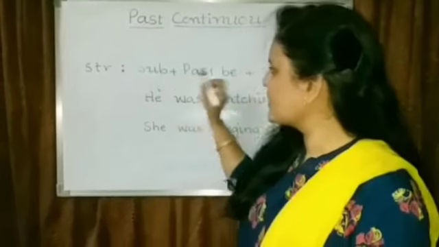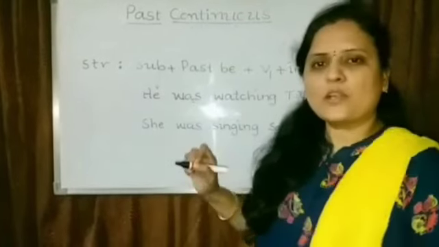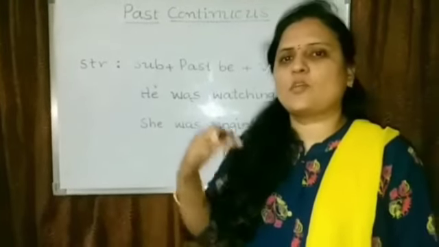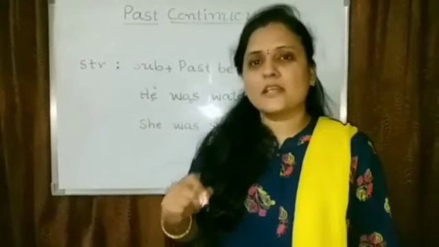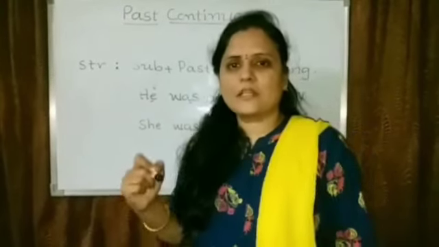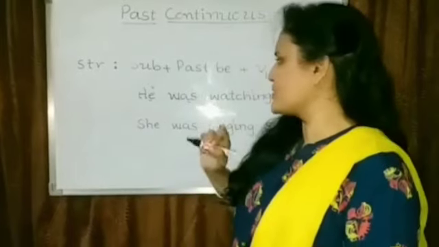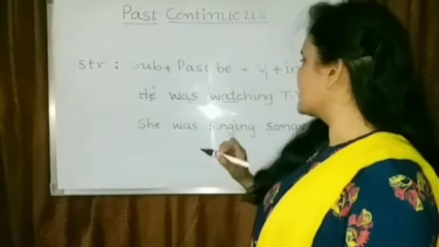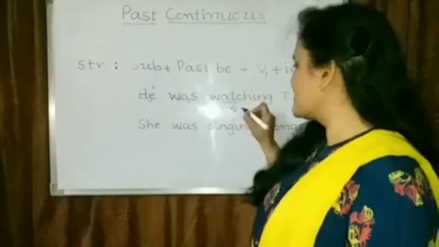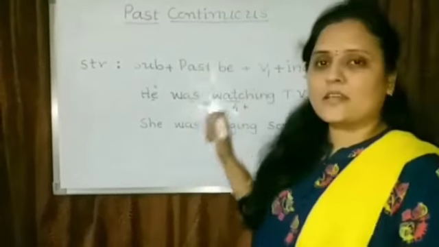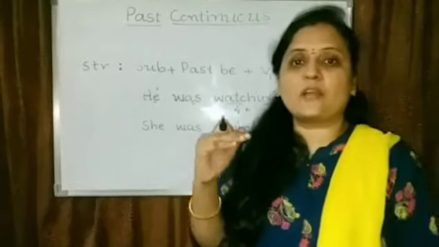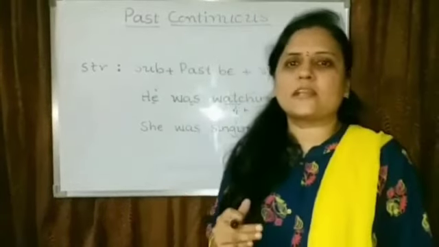So subject is he. Past be form, what are the past be forms? Was or were. Here the subject is he, that means third person singular, so we have to use was. And watching, here watch is V1 because this is past continuous.